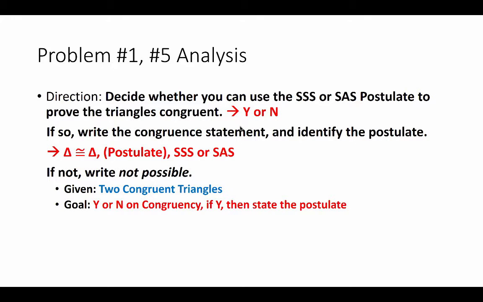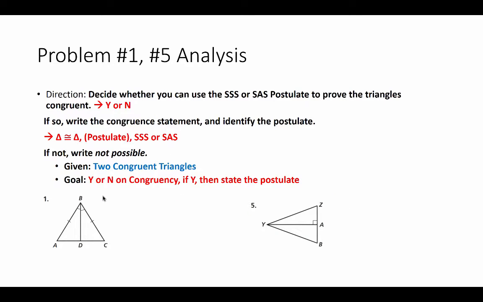Here the red fonts are our goal in essence, and the given in this problem is two congruent triangles, and here is number 1. So here we have a side, so let me annotate this. Here's a side, and then there's an embedded angle. And here's another side.